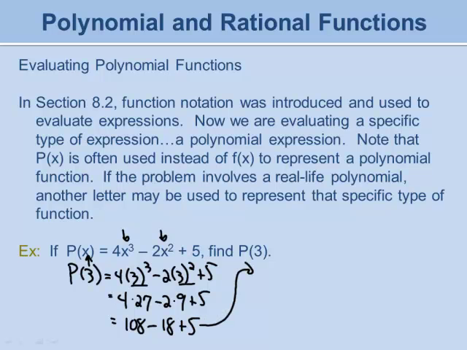And bringing that up here, now we've got subtraction and addition, work left to right. 108 minus 18 is 90. And 90 plus 5 for our final step is 95. So evaluating polynomial functions really is the same thing we were doing in the previous section.